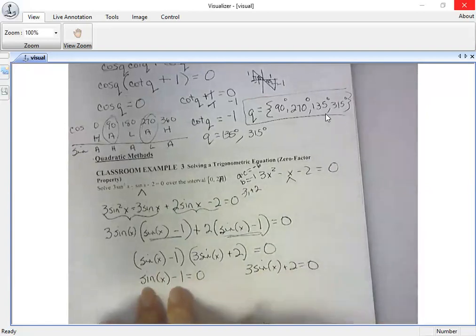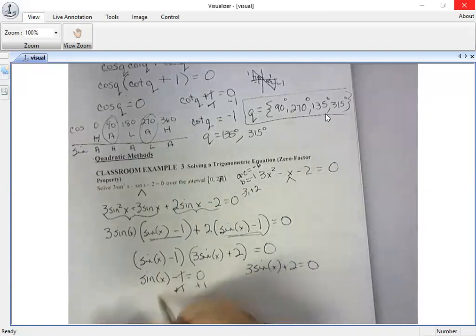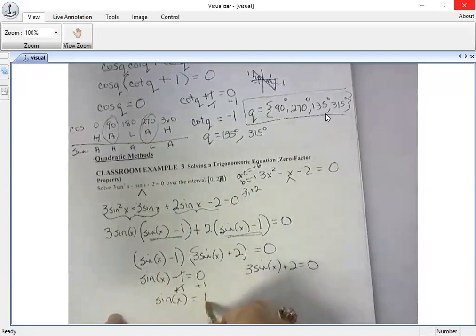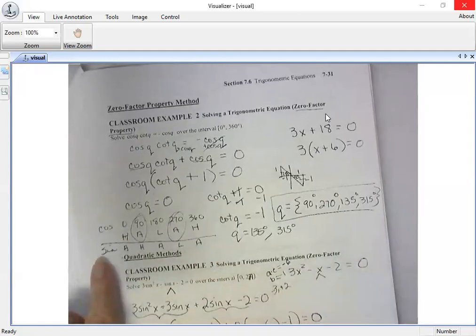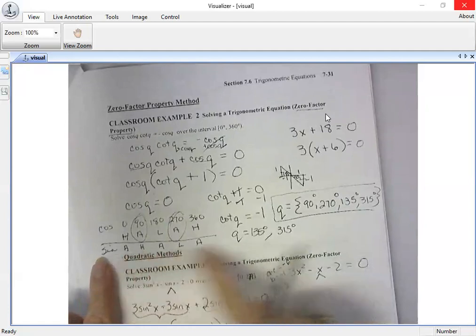Okay, let's work with this one. Now I need to do what? Add 1. I want to know where the sine of angle x equals 1. Now, because the ratio is 1, what does that tell me might be a good thing to use to find it? Aha. We've already written it out up here. So where would we have a ratio of 1? 90.